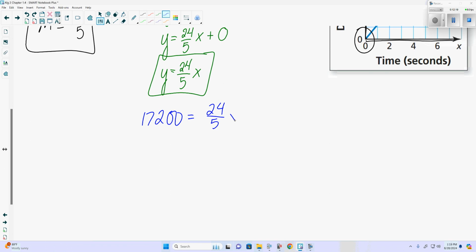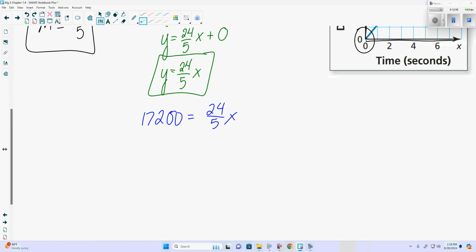So we'll plug it into the y. Now we just need to solve, yes? So we have 17,200 is equal to 24 over 5x. What do we need to do to get the x by itself? What would we multiply by? We would not actually multiply by 24 over 5. Because 24 over 5 and x, what operation is being done between them? They're being multiplied, right?